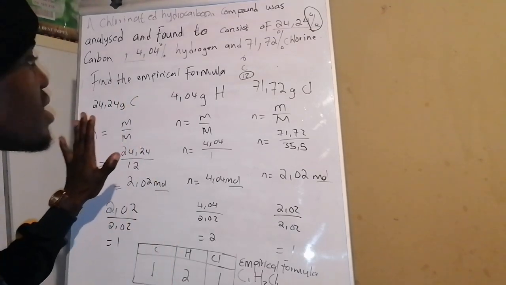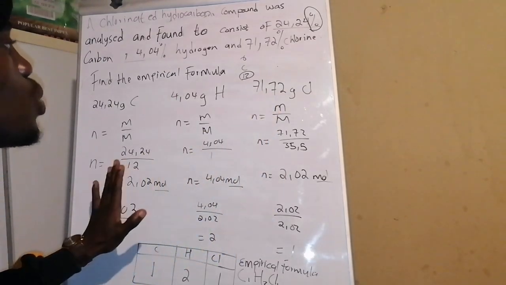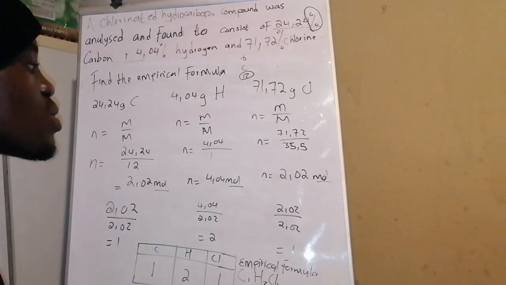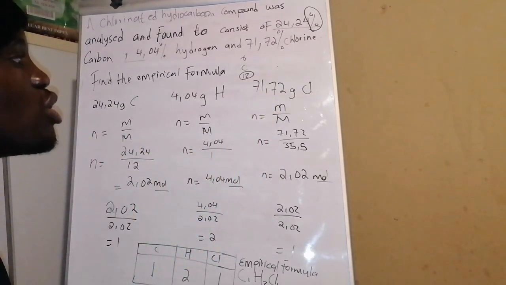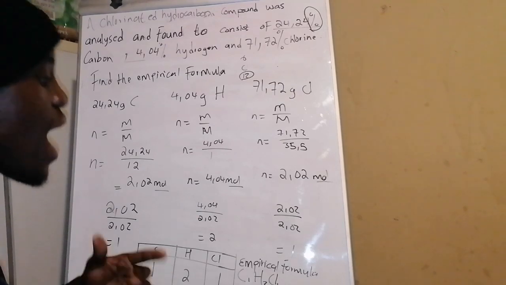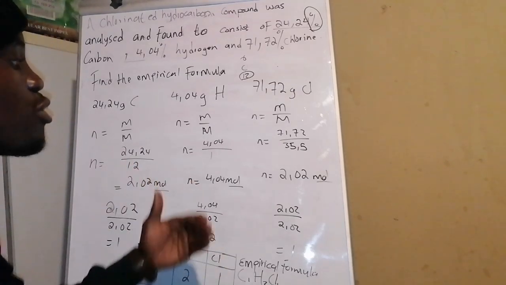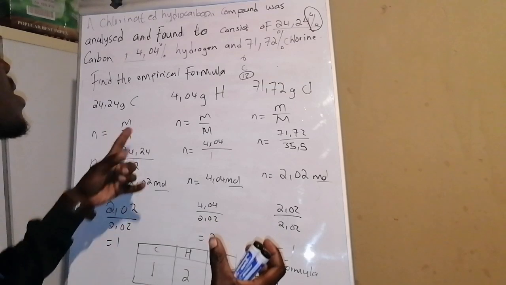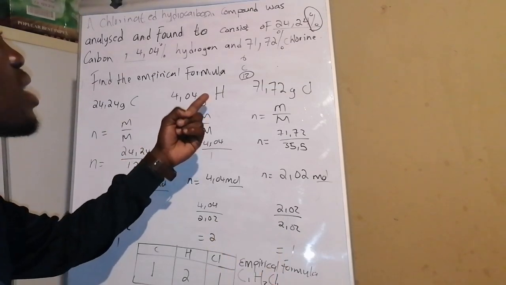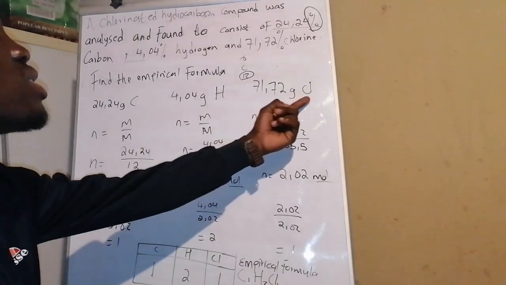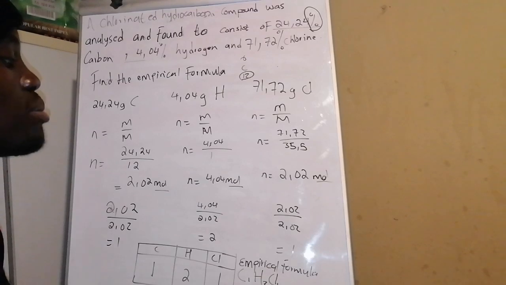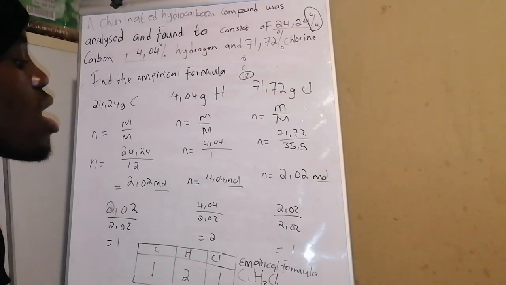So whatever I've done here, we are showing the teacher or whoever is going to mark your paper that for us to have that empirical formula, we must have carbon atoms combined with hydrogen atoms combined with chlorine atoms, to get C1H2Cl.